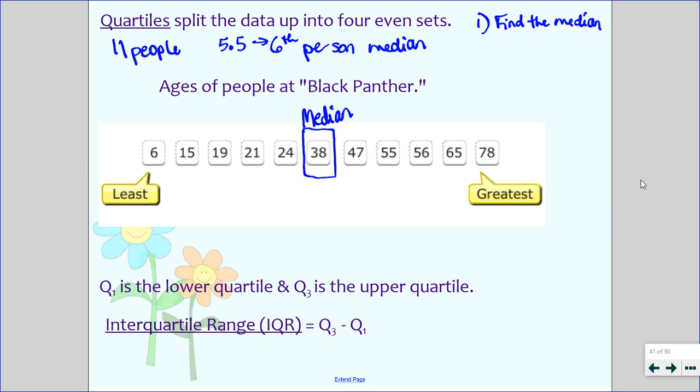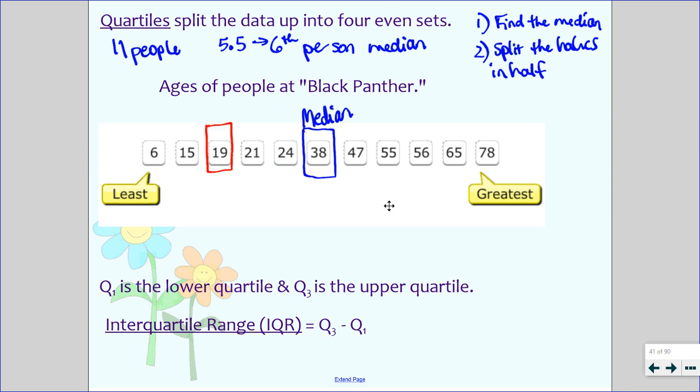Then after you find the median, you want to split the first half and the last half of the data in half. So my first half of the data, my younger people, I'm going to find the median of this data. So the median of this data, I think we can recognize, is going to be 19.